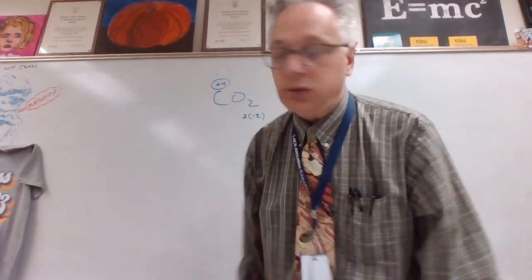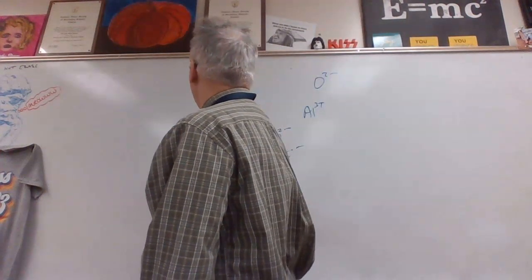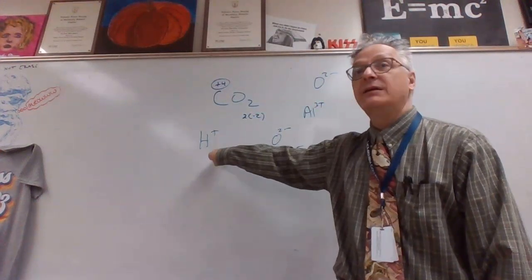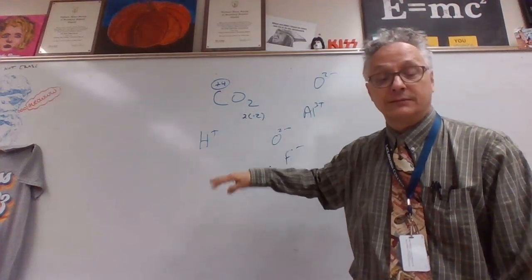Number 4. In its covalent compound with nonmetals, hydrogen is assigned an oxidation state of +1. So hydrogen, we're always going to say, has an oxidation state of +1 when it's combined in a covalent compound.